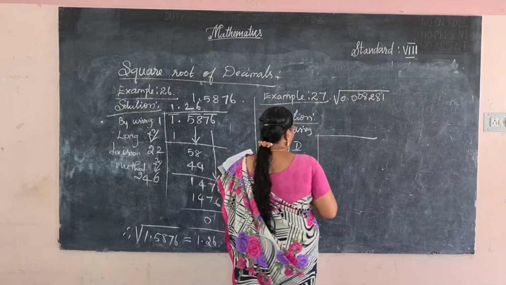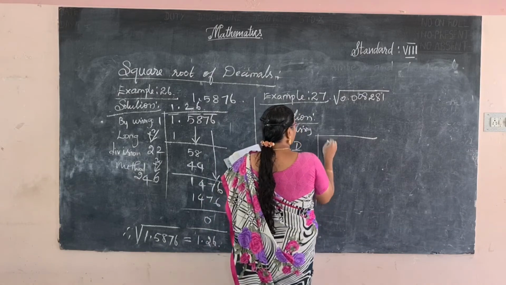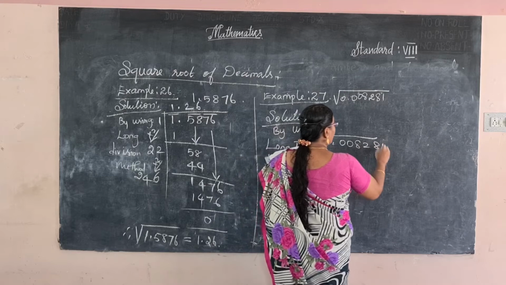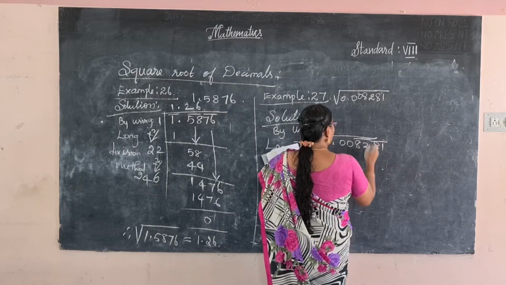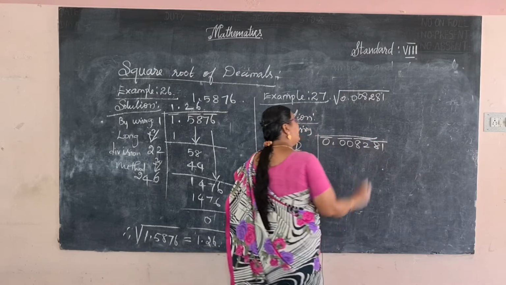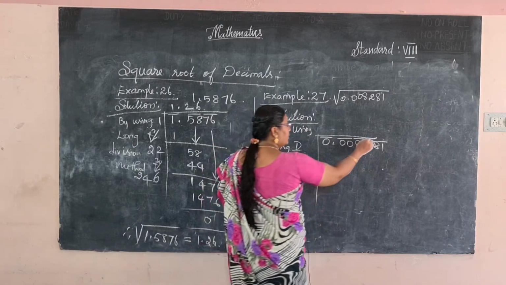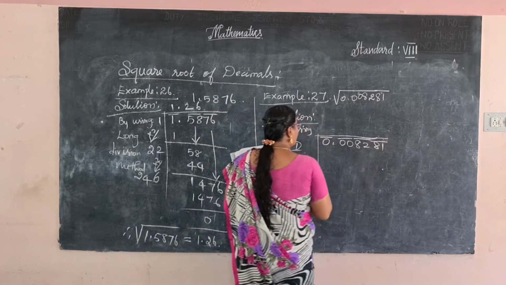First, divide 0.008281 into pairs from the right side. Divide the digits in pairs from the right side.